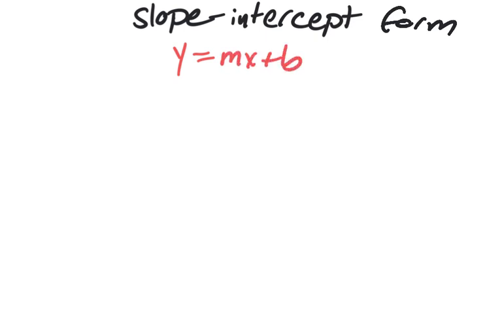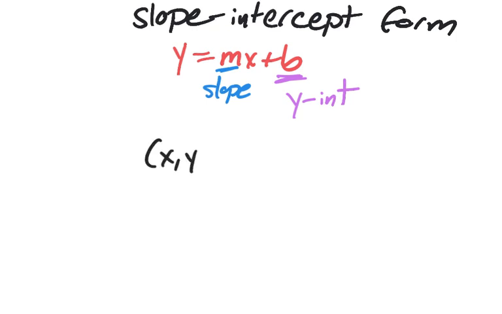Good. M is the slope. B is the y-intercept. And isn't that so nice? Slope-intercept form is the slope and the intercept. That's just such a great name. Oh, and you can plug in the point things to the line, X and Y.